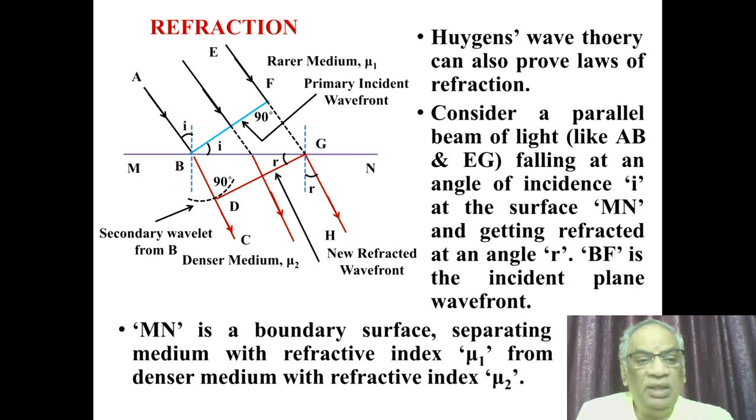And these rays are getting refracted at an angle of refraction r as shown. BF is the incident plane wavefront to which all the incident rays are perpendicular as shown. The refractive index of the rarer medium is mu1 and the denser medium is mu2 as shown.